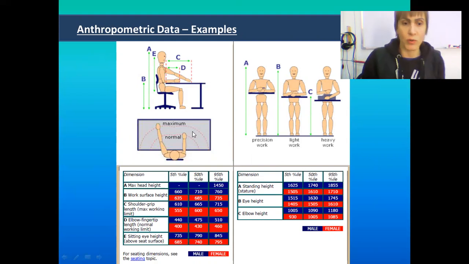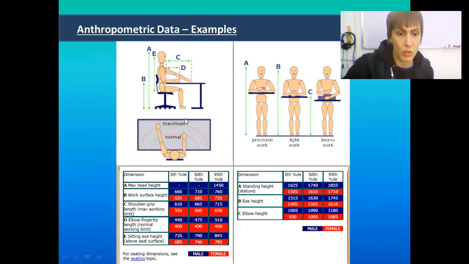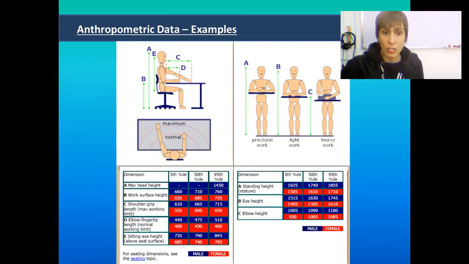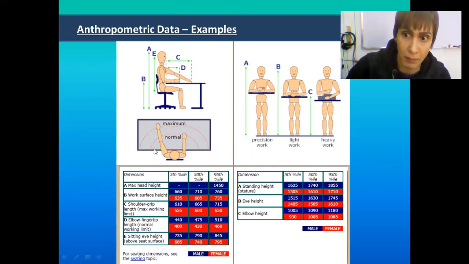Here, for example, for when you're sitting, what is the reach? So we have a normal reach, okay, which is comfortable, and we have a maximum reach, which is the maximum length of the hand of the target group of people that I'm designing for.